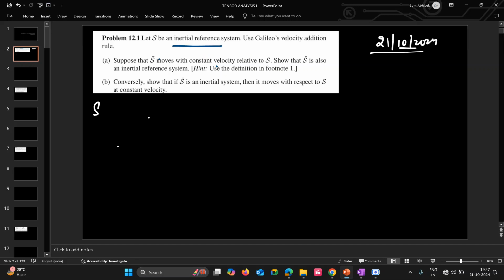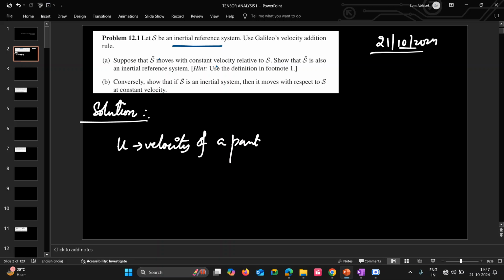See how I solve it. Suppose in the S inertial frame, let there be a particle with velocity u. Okay, u is the velocity of the particle in S frame.